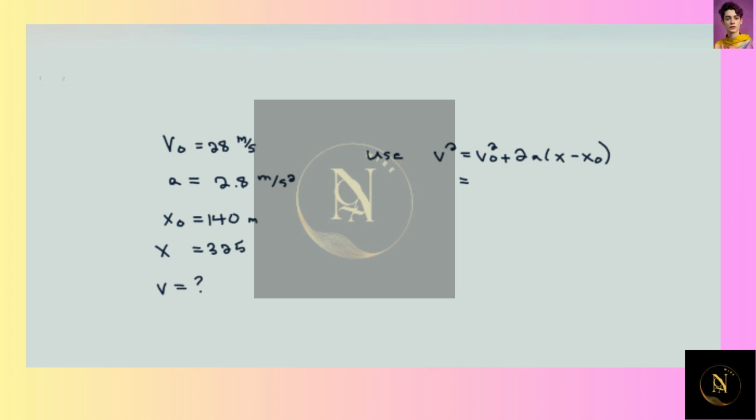So we plug in v naught is 28, we square that out, we add that to 2 times 2.8 times 325 minus 140. This becomes a calculator problem at this point. And then you square root it to get 42.7 meters per second. And that should be the speed once the rocket gets to 325 meters above the ground.